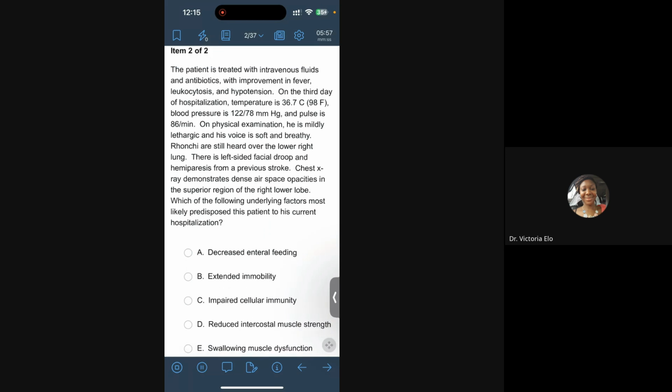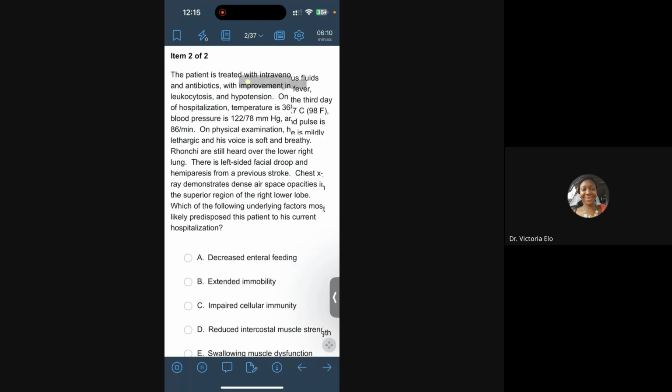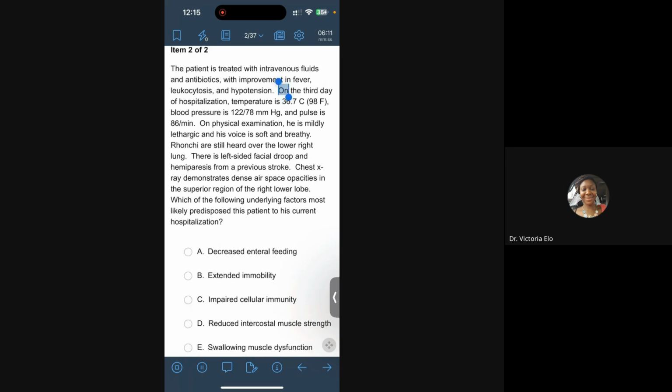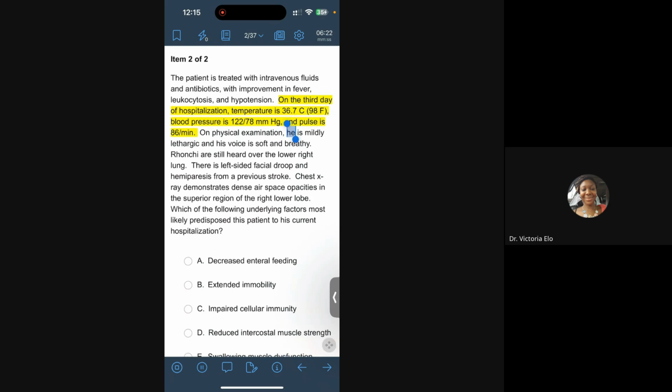This is all the options. We treat the patient with intravenous fluid and antibiotics, and there is improvement of fever, leukocytosis, and hypotension. On the third day, temperature is 36.7, blood pressure is 120, the vitals are normal. He is mildly lethargic and his voice is soft and breathy.